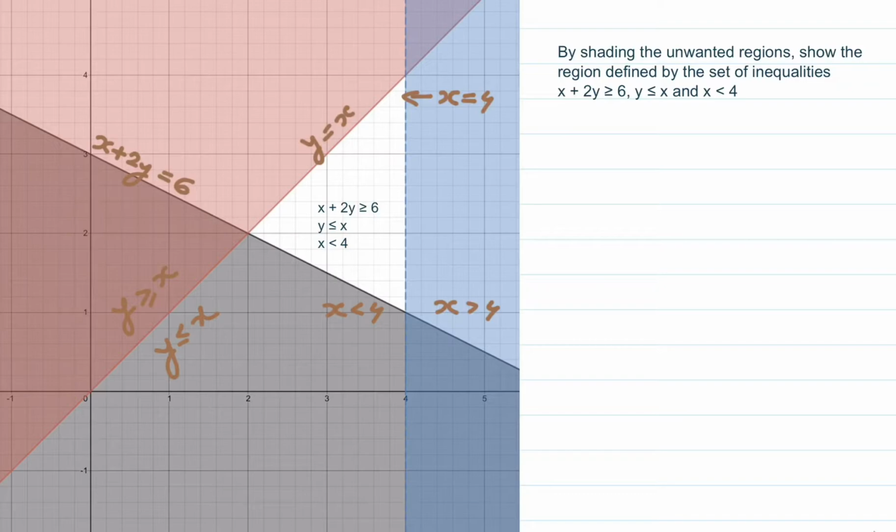And for the other one, x plus 2y equal to 6, this is x plus 2y greater than or equal to 6, and the bottom part would be x plus 2y less than or equal to 6.